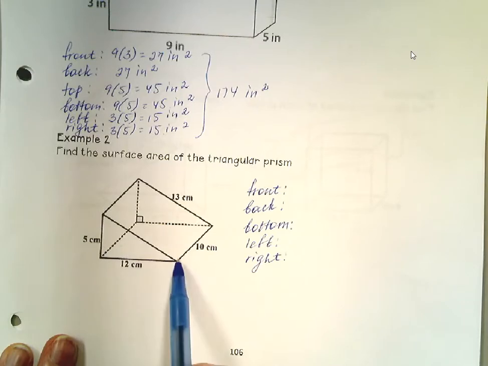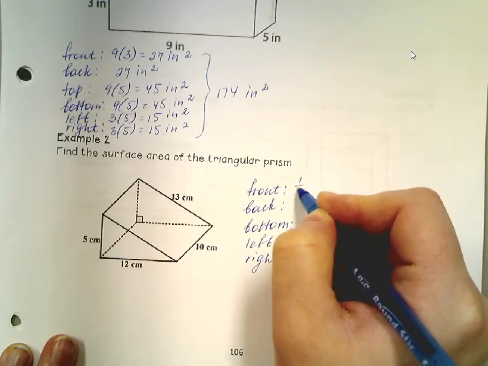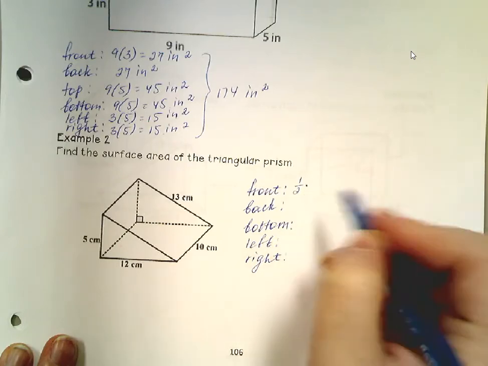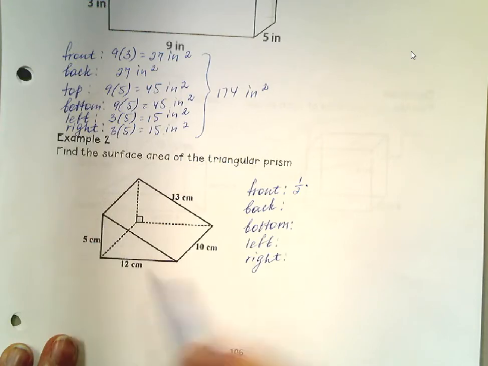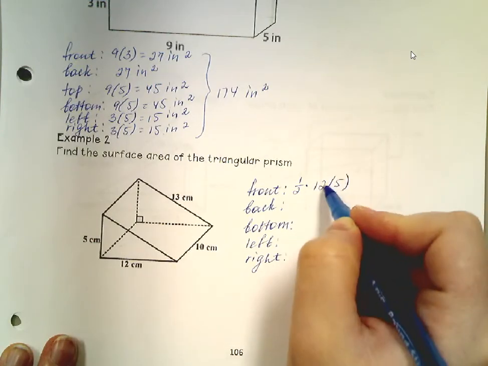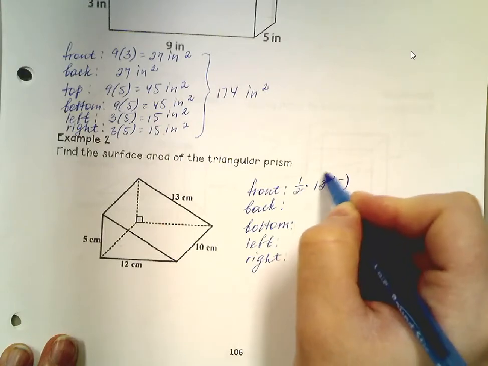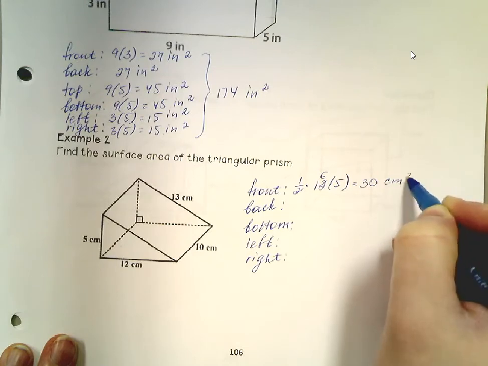This is a triangle. We are using the formula for the area of the triangle: 1/2 times base times height. So we'll multiply 1/2. The base is 12, the height is 5. 12 times 5. I can simplify 12 and 2, and 6 times 5 is 30 centimeters squared.